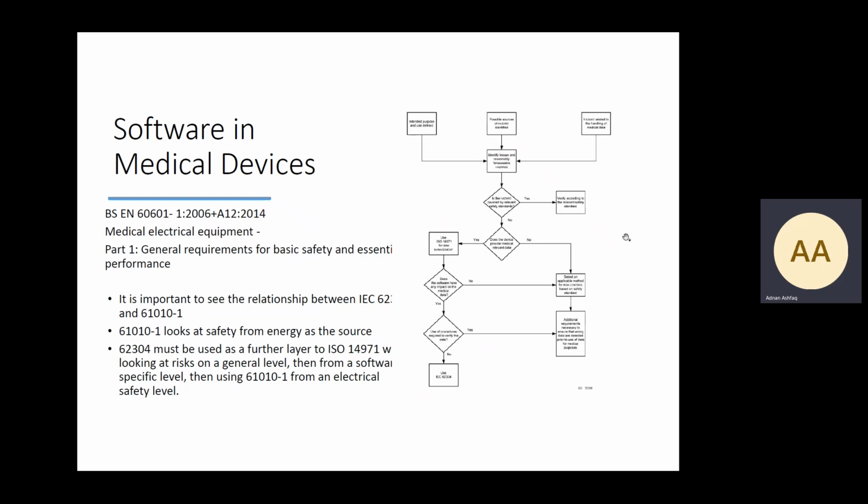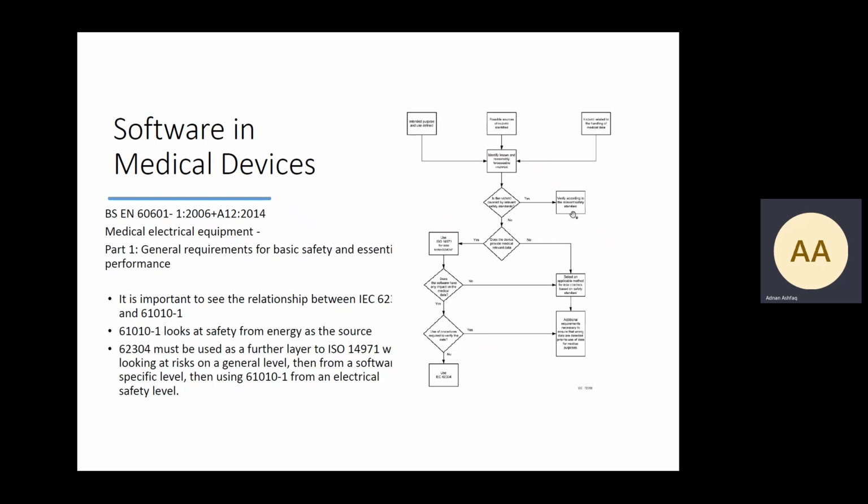The flowchart here can be of use, which also looks at the intended purpose and the use defined, possible sources of hazard which have been identified, the hazard related to the handling of the medical data, identify the known and reasonable misuses or hazards. Is the hazard covered by relevant safety standards?